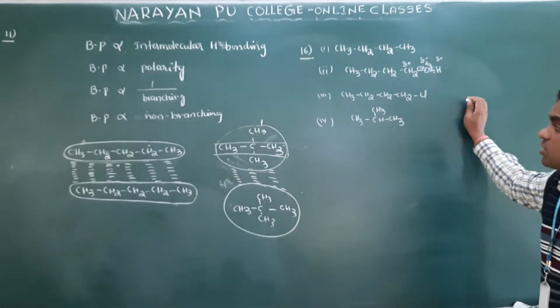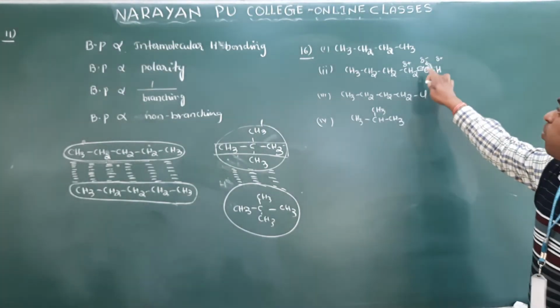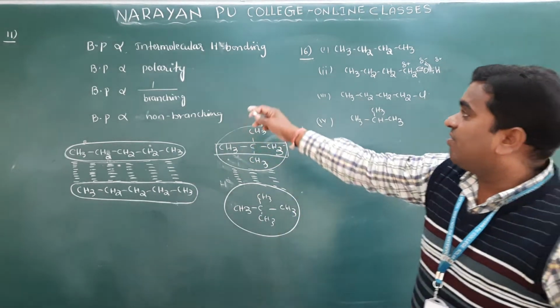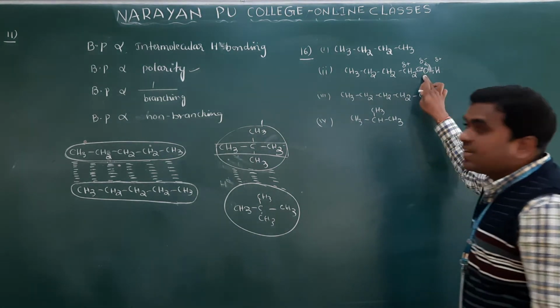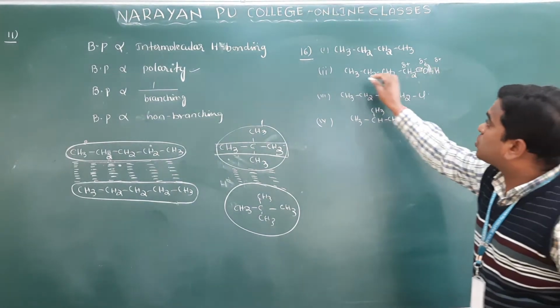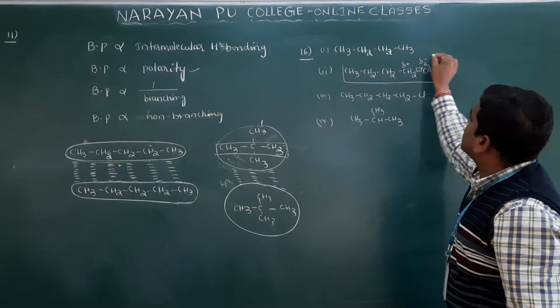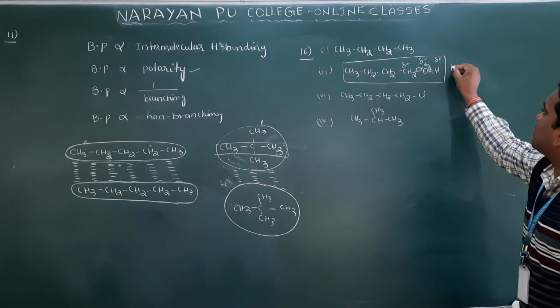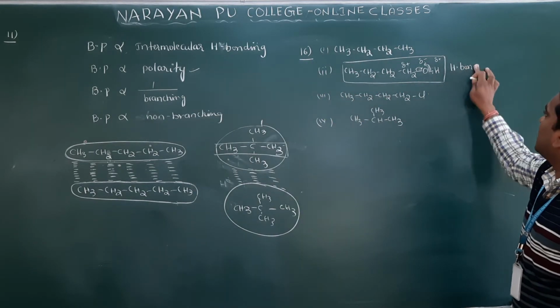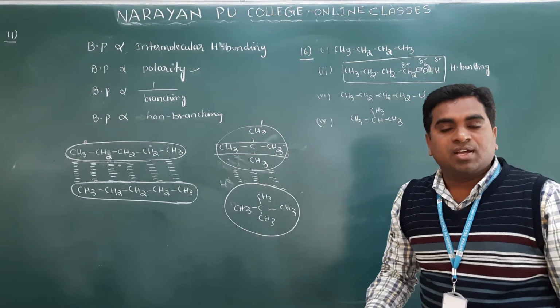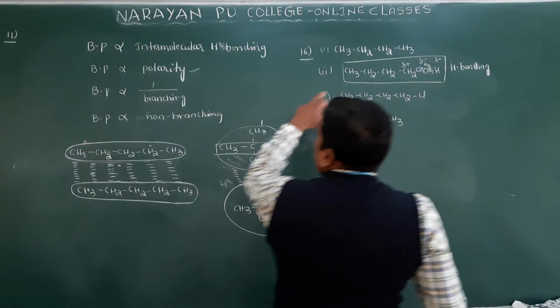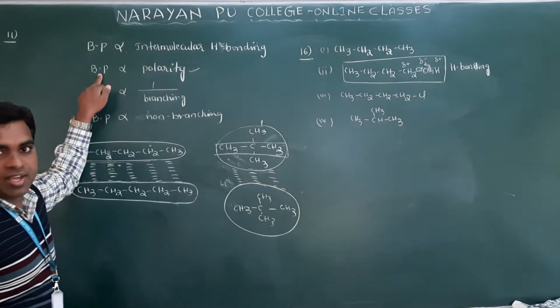Here poles are generated. I already mentioned that when polarity increases, boiling point increases. Here polarity is one reason, and this molecule can also exhibit hydrogen bonding. Just now we previously discussed hydrogen bonding. It means here two factors help to increase the boiling point.